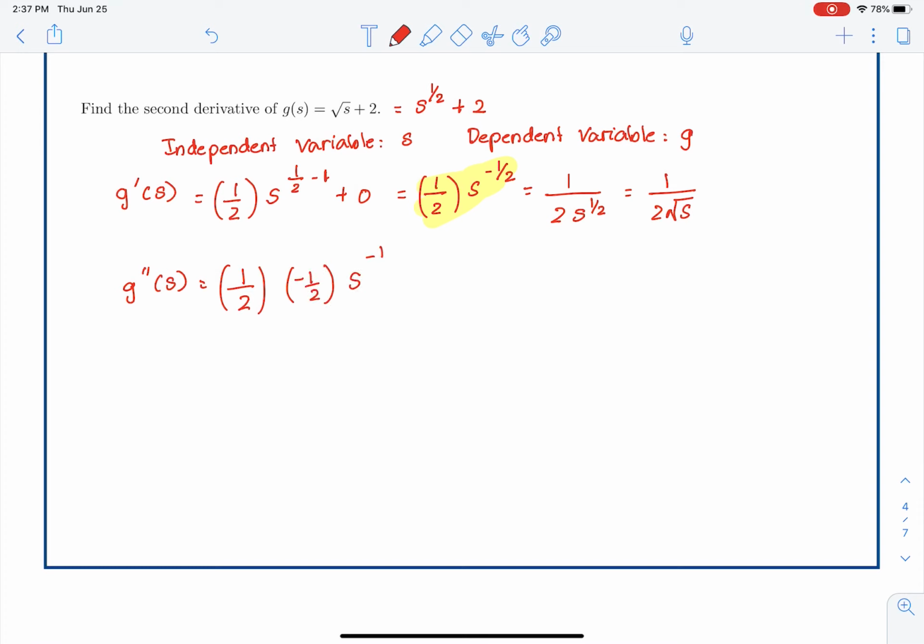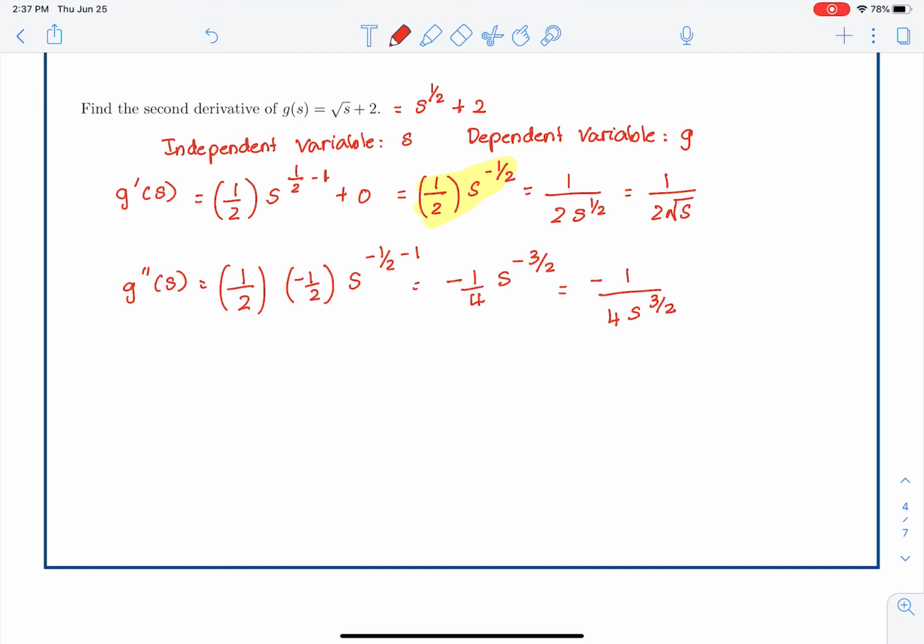S raised negative 1/2 minus 1, which is negative 1 over 4. S raised negative 1/2 minus 1 is negative 3 over 2. You can leave it as is, or you could write it as negative 1 over 4 s raised 3 over 2.